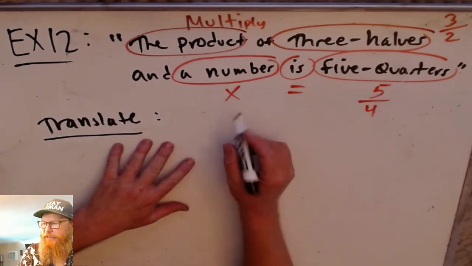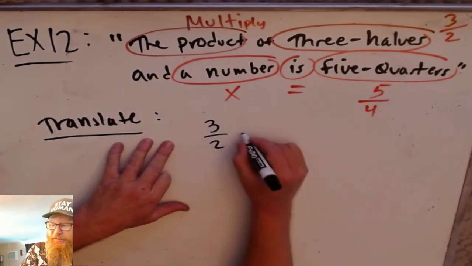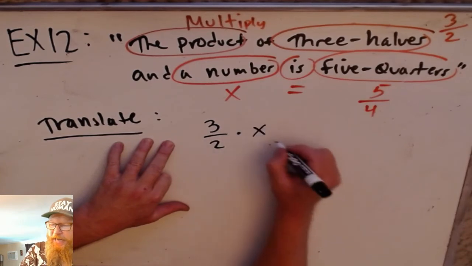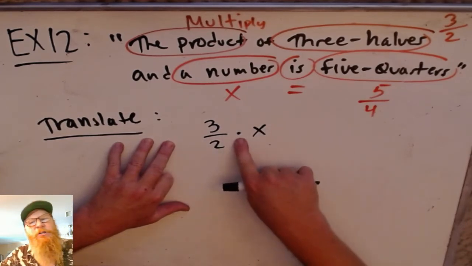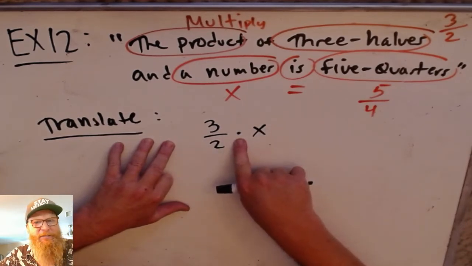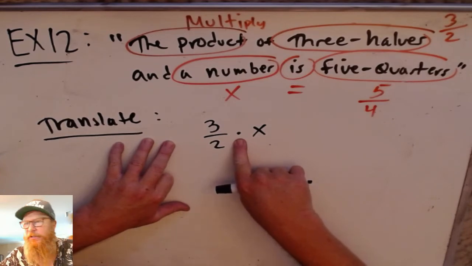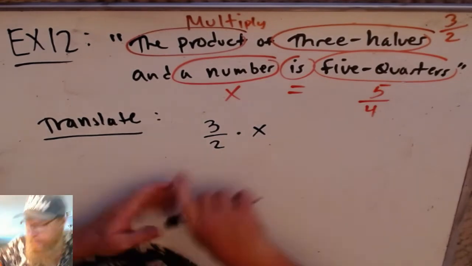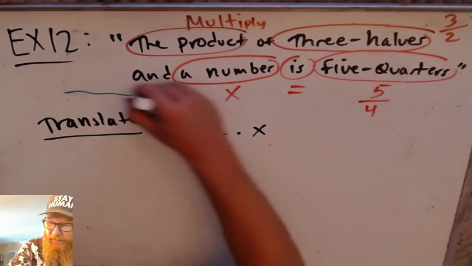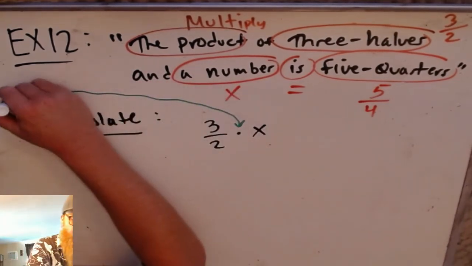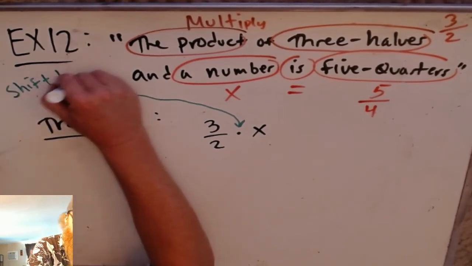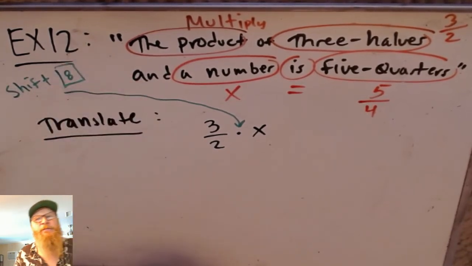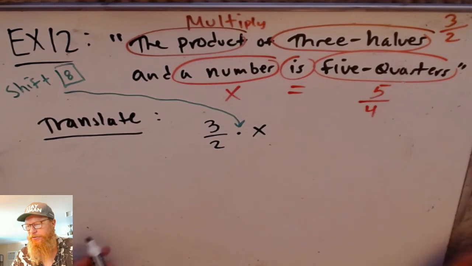So we're going to translate 3/2 times a number. You can use an asterisk, which is shift, what is it? Shift 6? No, shift 8 on the keyboard to make a little star. It looks like a multiplication star.